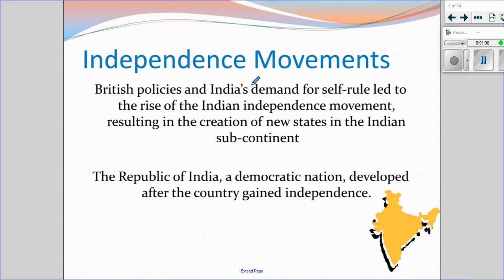All right. So independence movements, such as in India. India demanded self-rule, and that led to the rise of the independence movement in India, which created new states on the Indian subcontinent, namely India and Pakistan. All right, so India will be a democratic nation, and it will develop after the country gained independence.